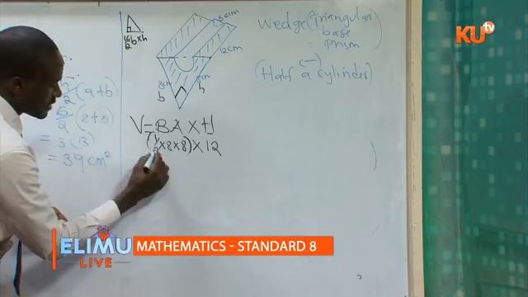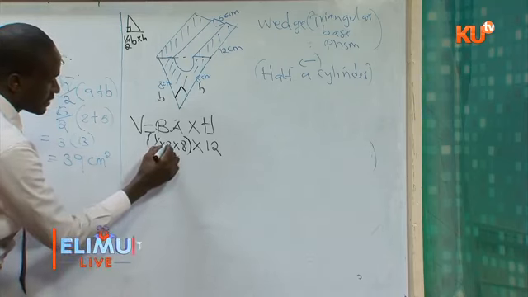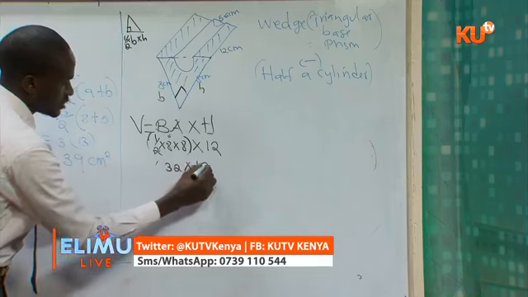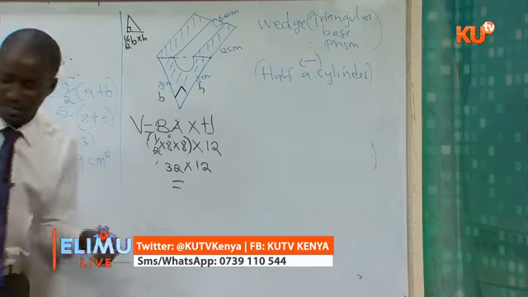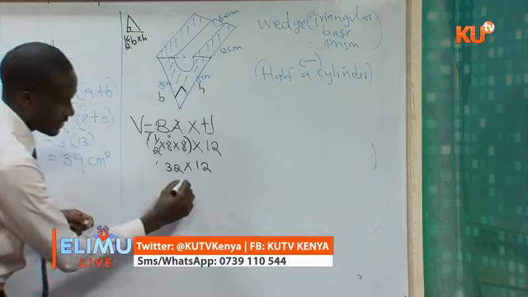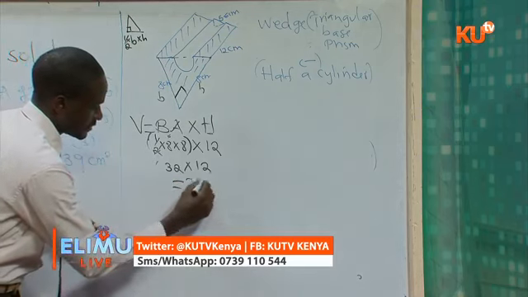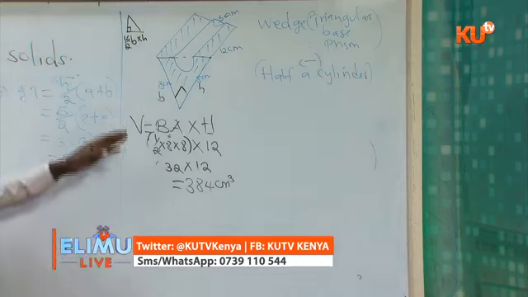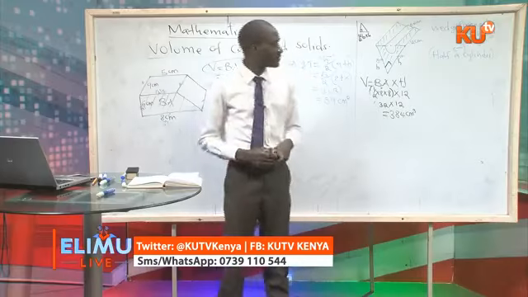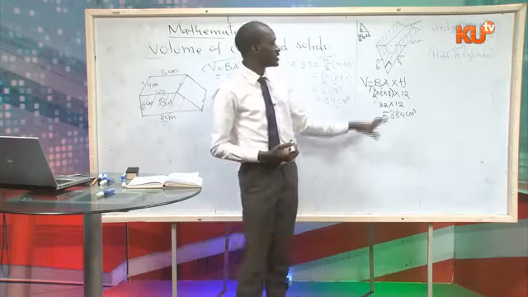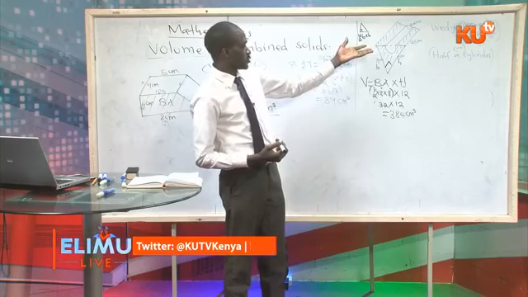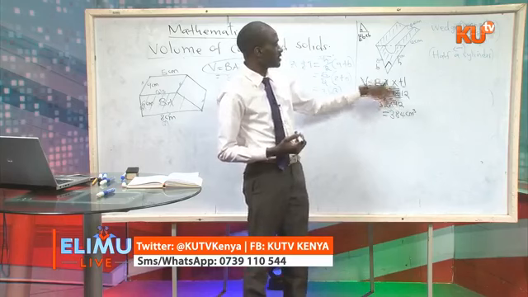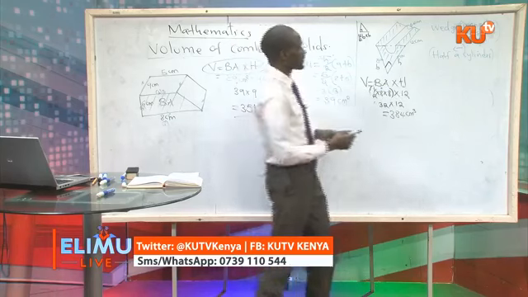That is 32 by 12, which gives us 384 cubic centimeter. Up to that point, you have the volume of a wedge, which was looking complicated, but you can see from the calculation it's very simple.